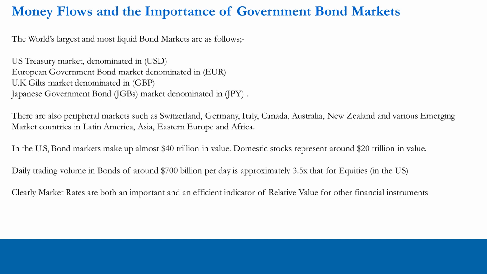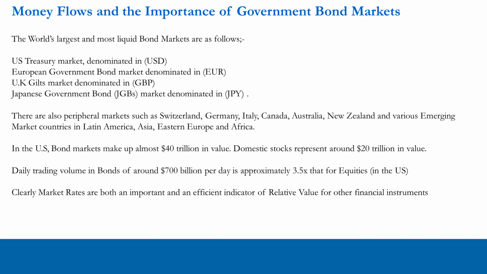This is basically around 3.5 times the size of the stock market volumes in the US. Clearly, market rates are a very important factor and a very efficient indicator of relative value for other financial instruments.